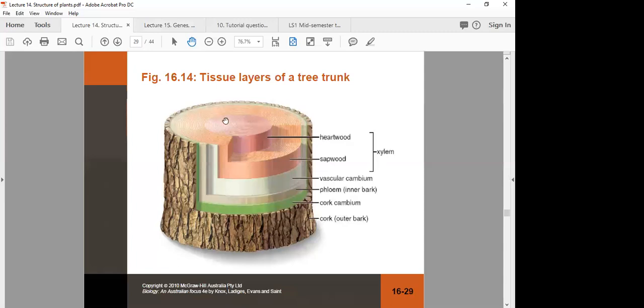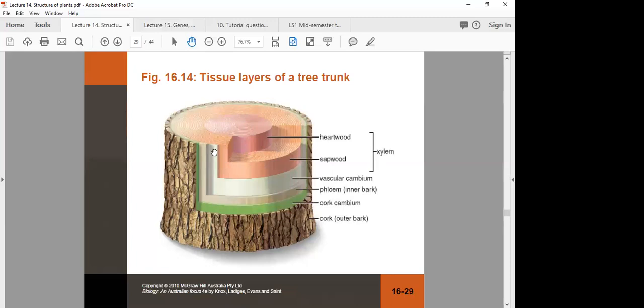The secondary xylem of the heartwood is no longer functional. It's been impregnated with different resins and oils and so on. So this secondary xylem no longer conducts water and dissolved nutrients. Sapwood, on the other hand, is still functional xylem tissue.